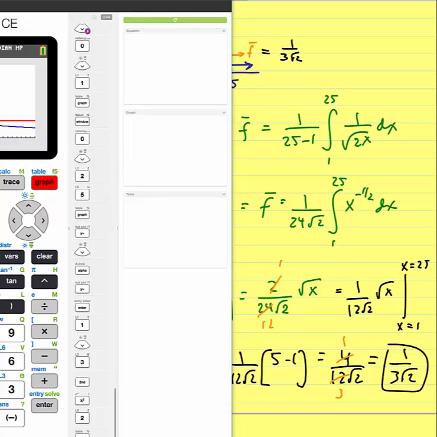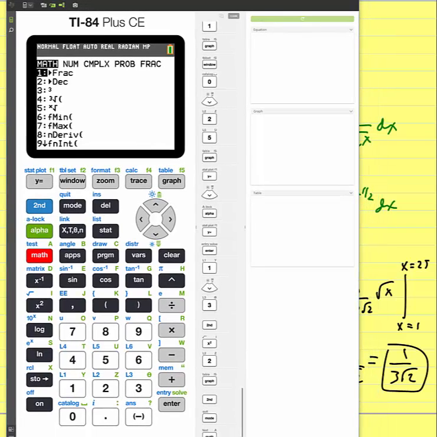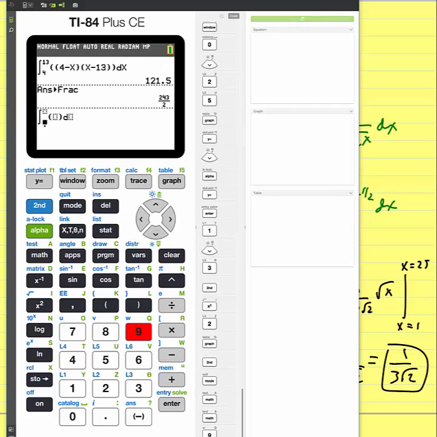Now, if I want to find the integral of what I have over here, I can't just necessarily graph that directly because I have this 1 over 24 out front that I need to work with. So for this one, let's go ahead and pop into just your regular screen. Let's go into our regular screen and go into Math. I'm choosing my option of integration.